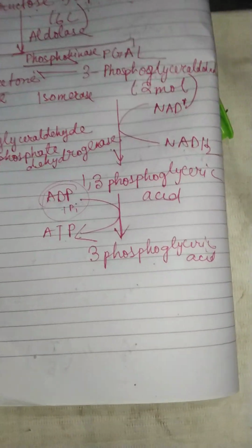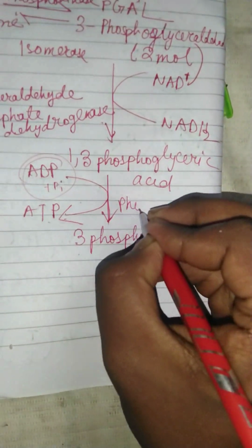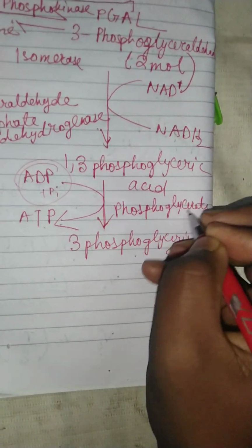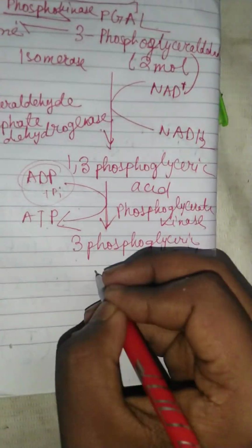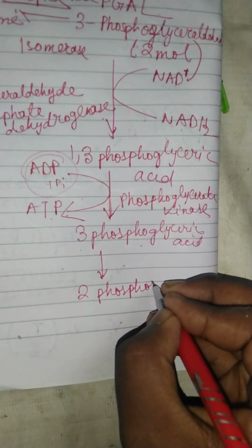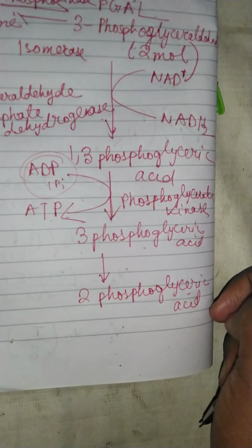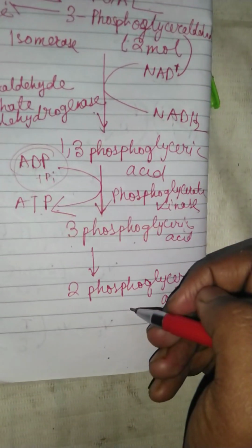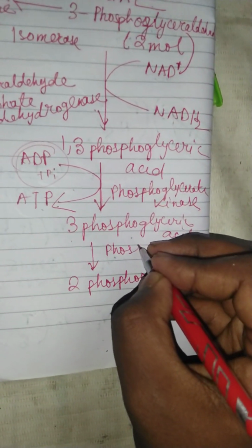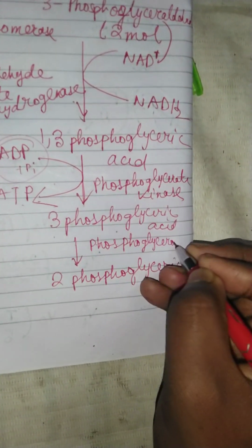So 3-phosphoglyceric acid is formed in the presence of the enzyme phosphoglycerate kinase. Now this one converts to 2-phosphoglyceric acid in the presence of the enzyme phosphoglyceromutase.